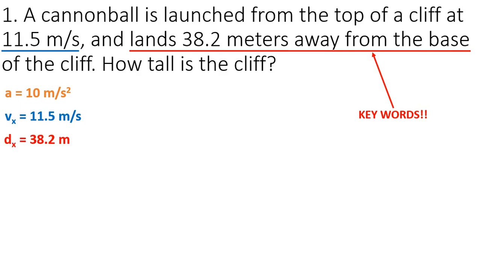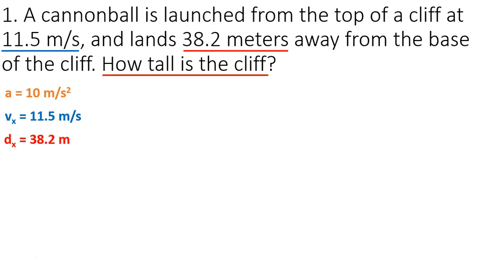So we know that this is our dx, our horizontal displacement. And we're looking for how tall is the cliff. Keyword is tall. Remember, if you measure how tall something is, you're going to measure it vertically. So this is our vertical displacement, dy, is what we're looking for.